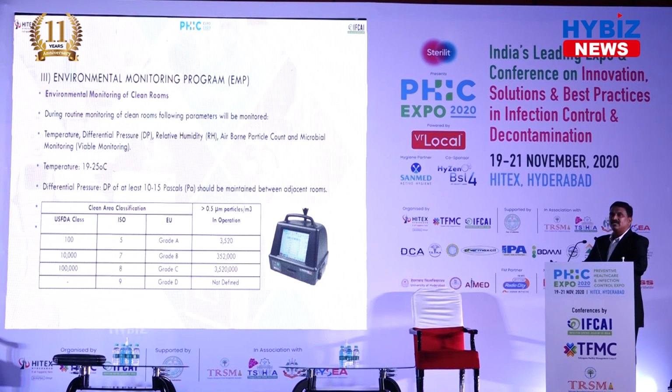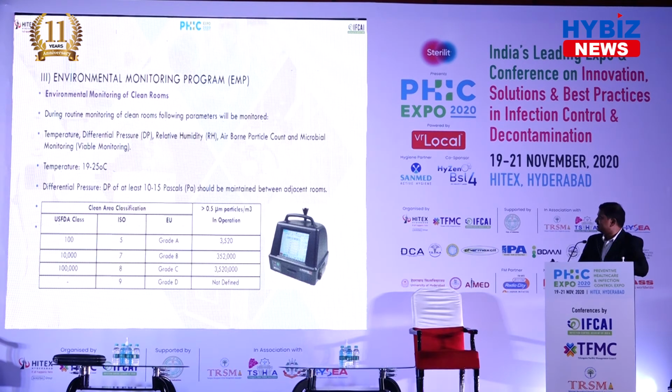Generally, the temperature in a clean room should be around 19 to 25. However, it depends on the nature of the product. For some products, the temperature requirement may be around 15 degrees, depending on where the product is stable. However, the temperature for a clean room area is around 19 to 25.